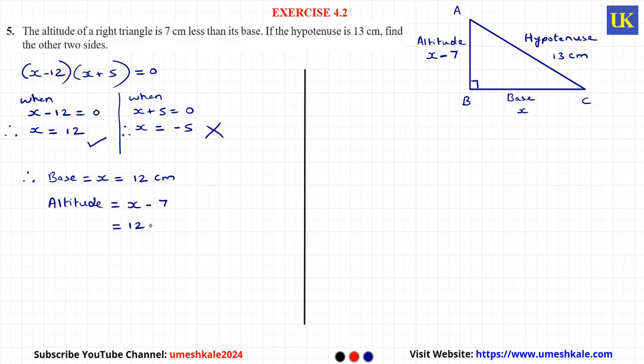So x is 12, so 12 minus 7 is equal to 5 centimeter. So base is 12 centimeter and altitude is 5 centimeter. So this completes our question number 5. Now on the next page we'll see question number 6.